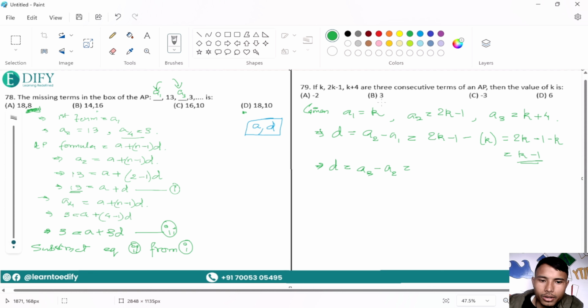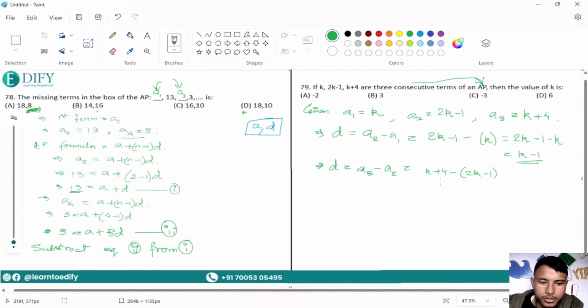Now as they have already said, they are in AP. The common difference must be the same. So a3 is k plus 4 minus a2, which is 2k minus 1.